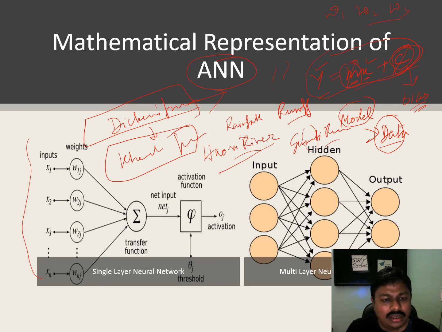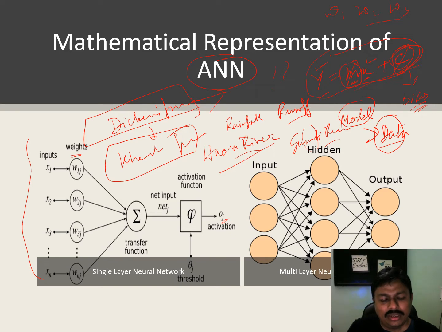Suppose there are n number of inputs and you have to predict one output. You remember, we assign each of the inputs a weight, as you can see, W1j, W2j, W3j, Wnj. j is the output, and 1, 2, 3 are the inputs.